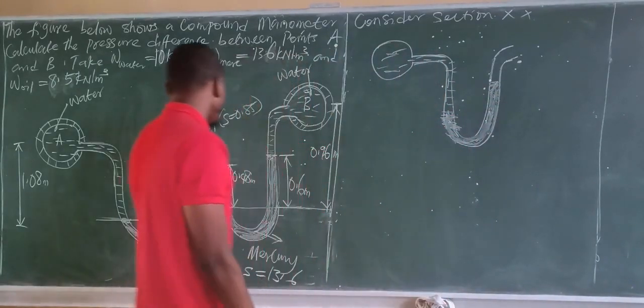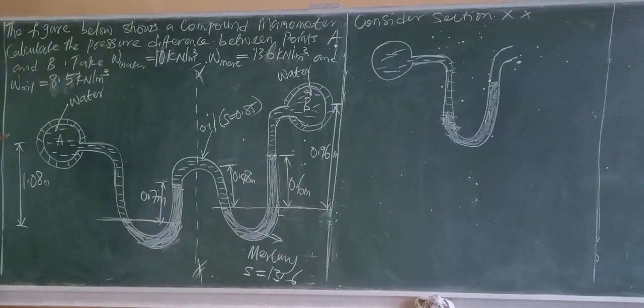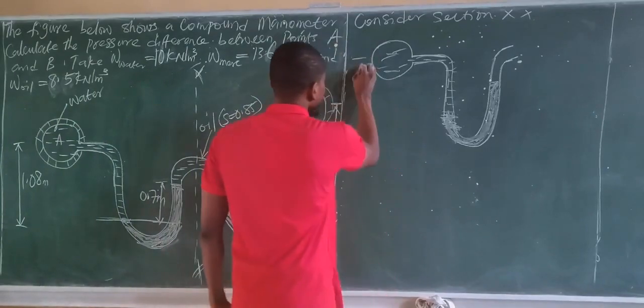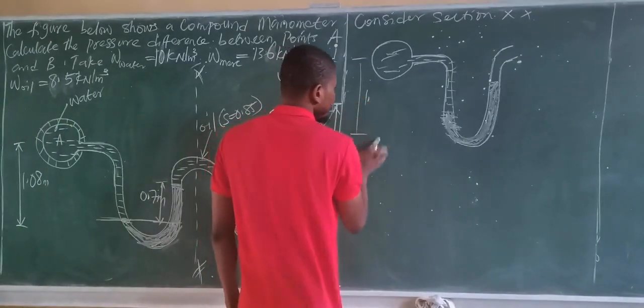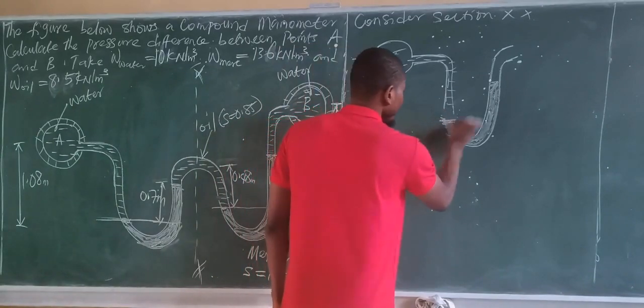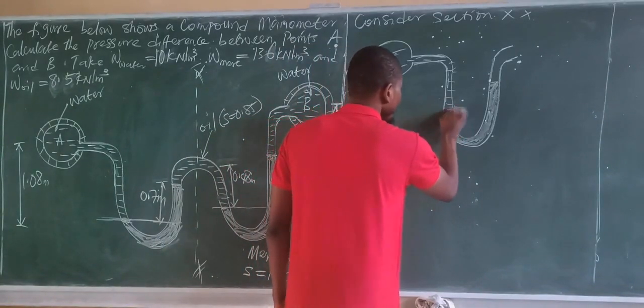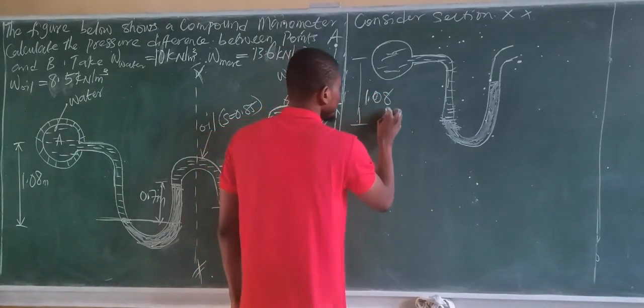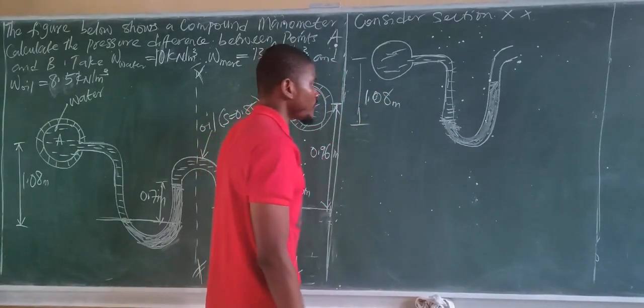Now, not forgetting the height of water in the pipe was given as 1.08 meters. So you also indicate that, the height of water is 1.08 meters. This is now the height of water.